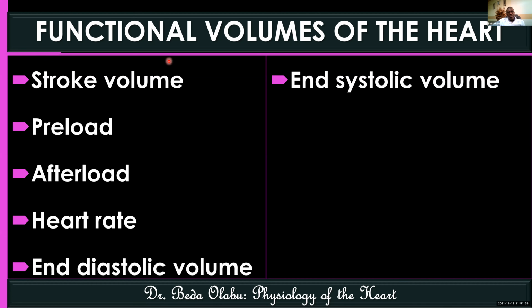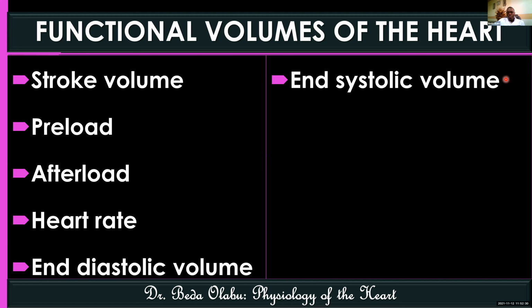Now, having known what stroke volume, end diastolic volume and end systolic volume are, you should now have some mathematical relationship in your mind between those three parameters. We can say that stroke volume is equal to end diastolic volume, EDV, minus end systolic volume, ESV.